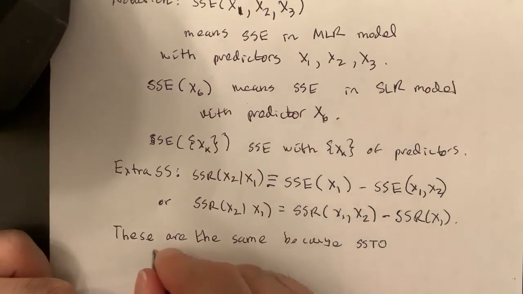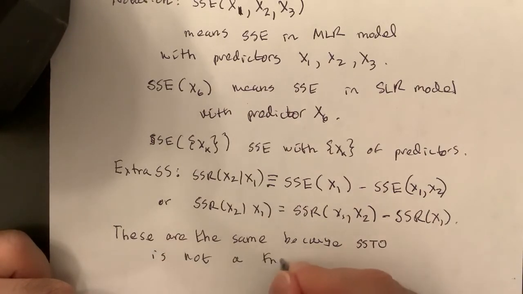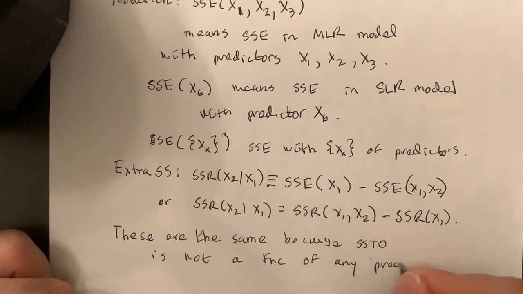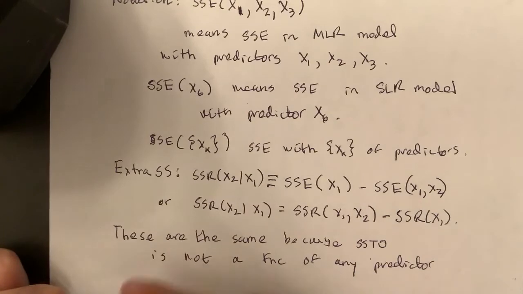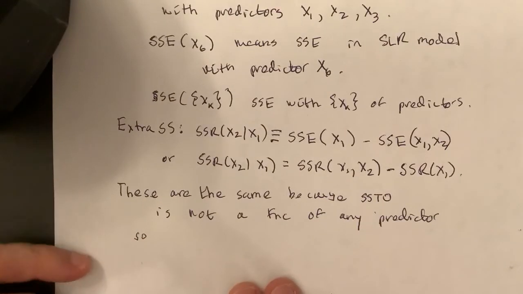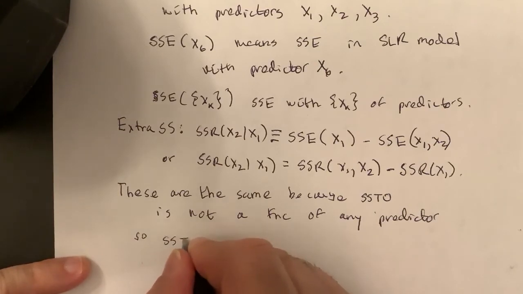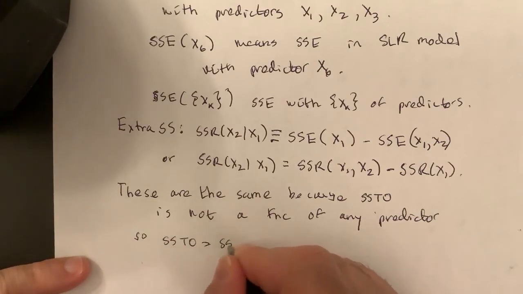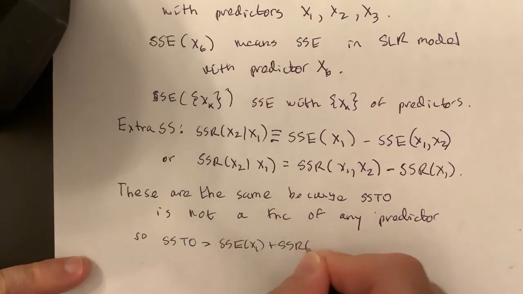SSTO is not a function of any predictors. So that SSTO equals SSE x1 plus SSR x1 by definition.